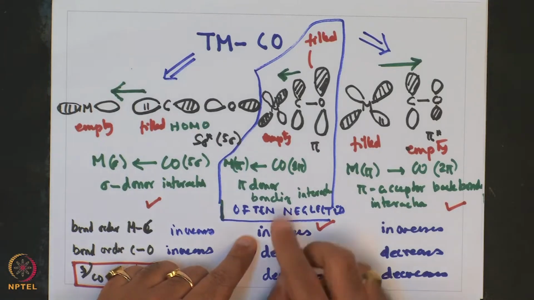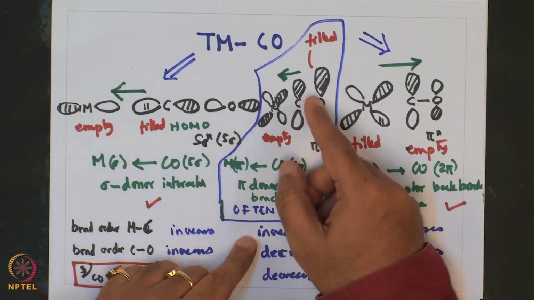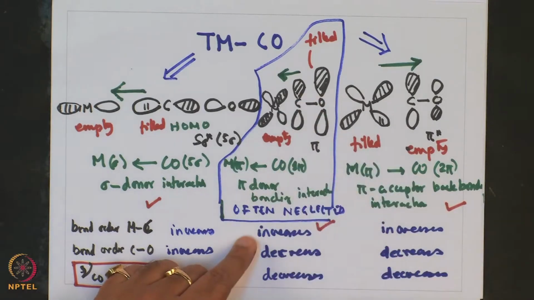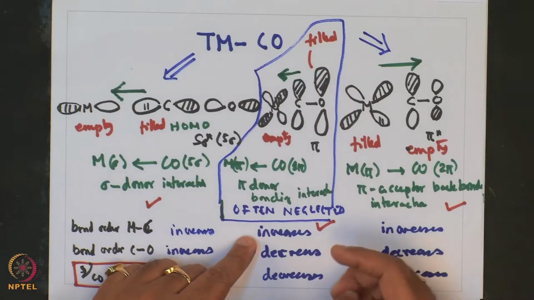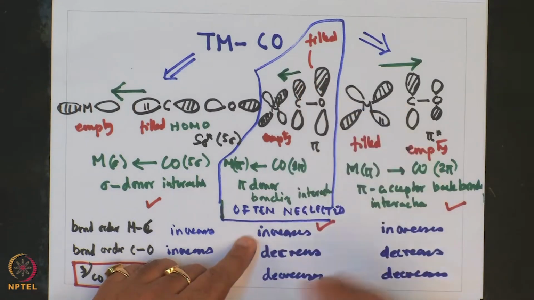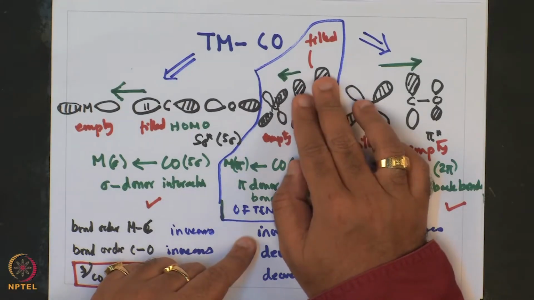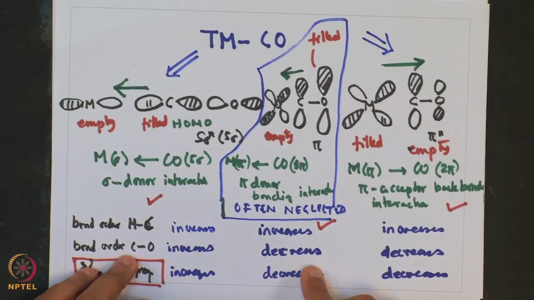But these are more important when it comes to sigma-pi kind of bridging modes, where the pi orbital gets engaged with a metal pi type empty orbital and donates its pi electron cloud onto the vacant metal pi orbital. As a result, since the electron density of the bonding pi orbital is given to the vacant metal d orbital of appropriate symmetry, the pi bond weakens, and as the pi bond weakens, the CO bond order decreases and the CO stretching frequency decreases.